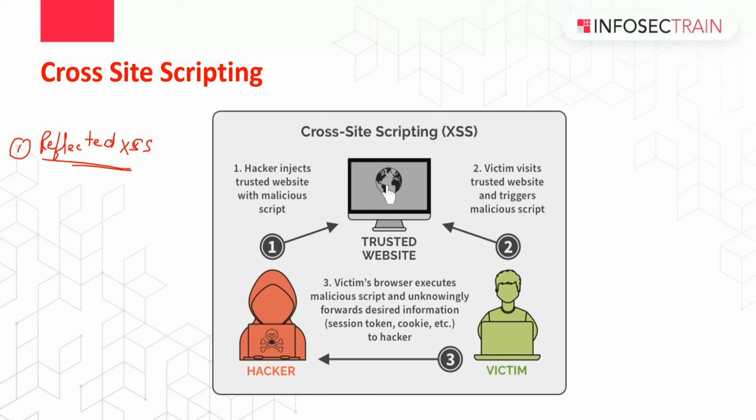Let's say there is an attacker, and the attacker sends some request, and in that request the attacker sends some payload. I write the script, I can send some payload in that. So the attacker sends a payload as part of a request to the web server, and it is reflected back.